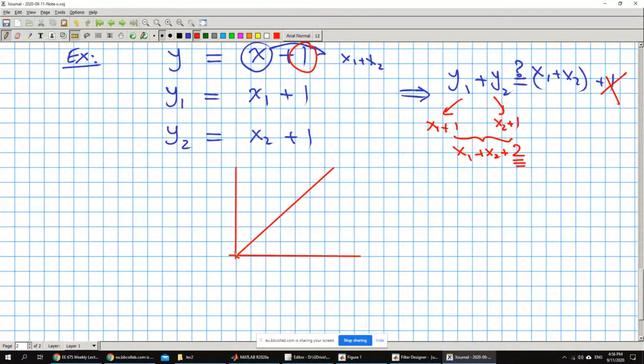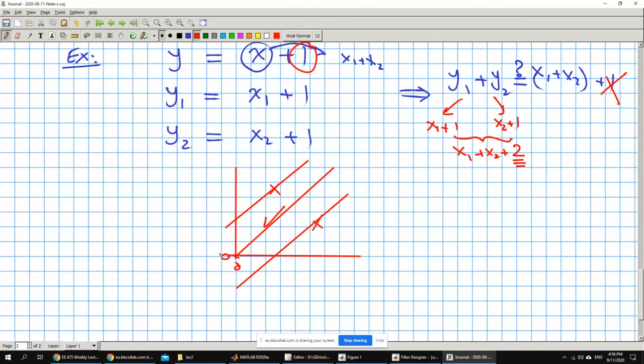It has to pass through zero. If you have a line that looks like this, or a line that looks like this, these will not be linear systems. So it has to pass through zero.